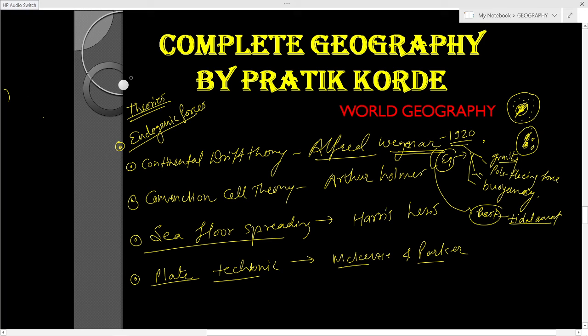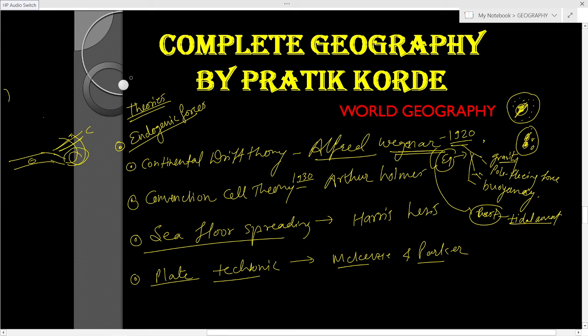Now we talk about the convectional cell theory, which was given by Arthur Holmes in the year 1930. As far as his theory is concerned, he says that these currents, that is the convectional currents. Now, what these convectional currents are, they're only understood when you have the knowledge of plates and plate tectonics and how this will happen.